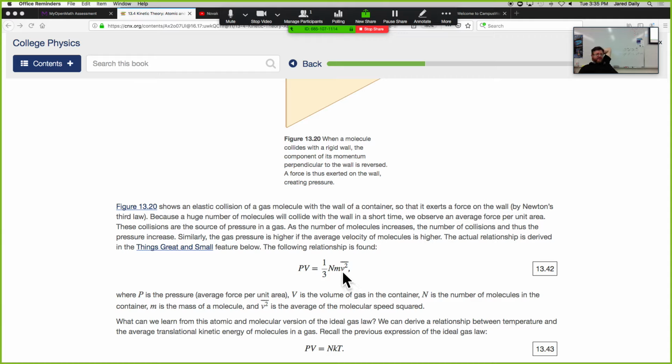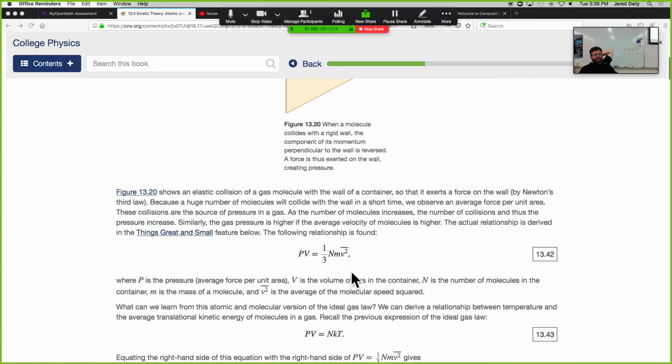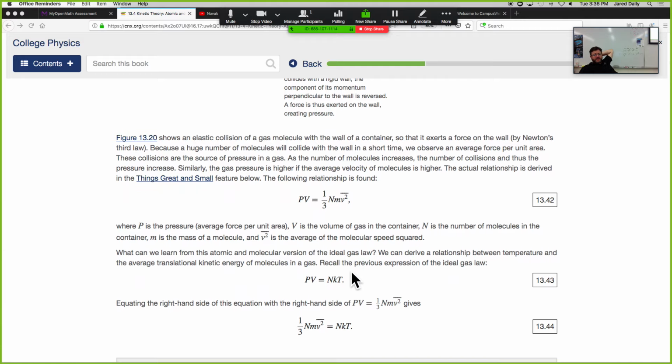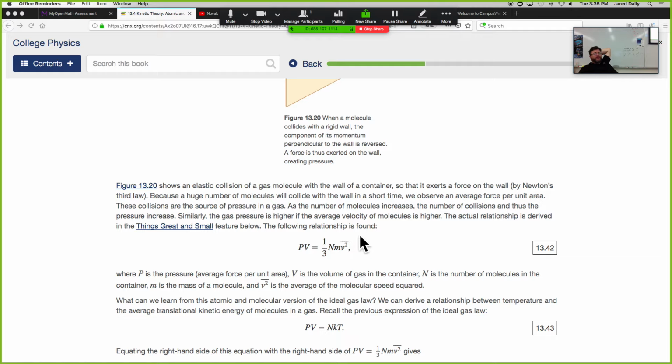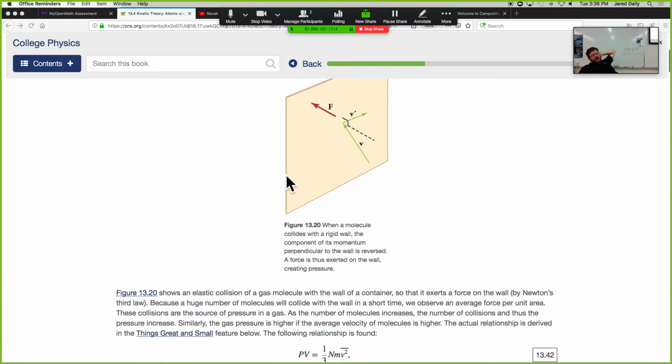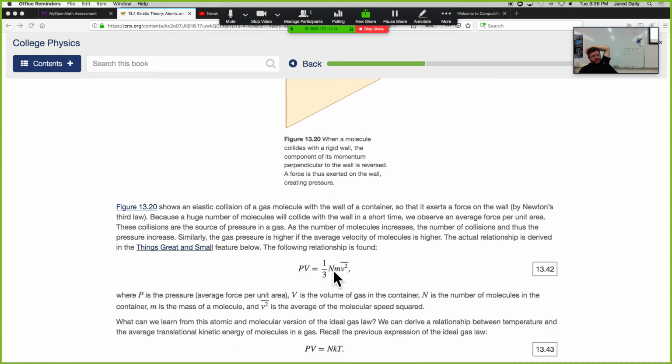If you take the average of many particles, so if you have n number of particles, you're going to get 1/3 of that because there are 3 dimensions in the end. The bar represents the average, and the 1/3 is part of that average as well. And then you also divide by the area of the wall, because that accounts for the v squared in the end.